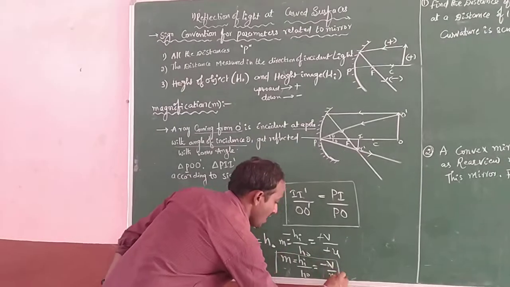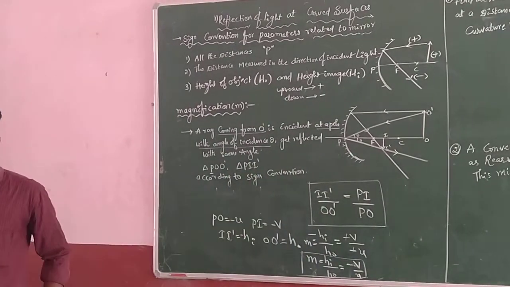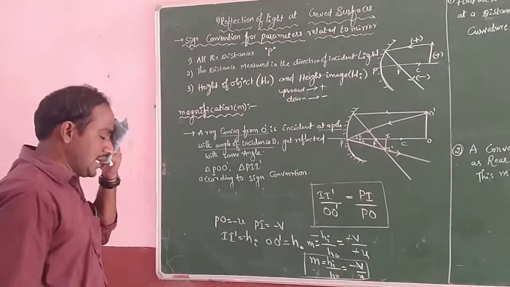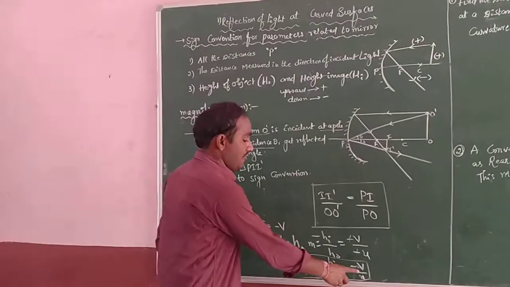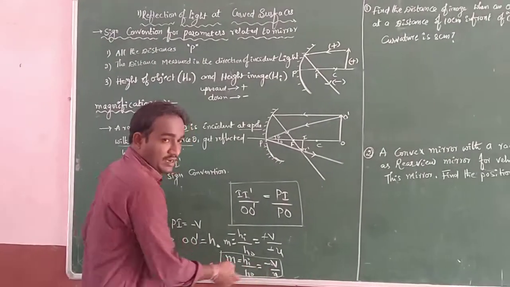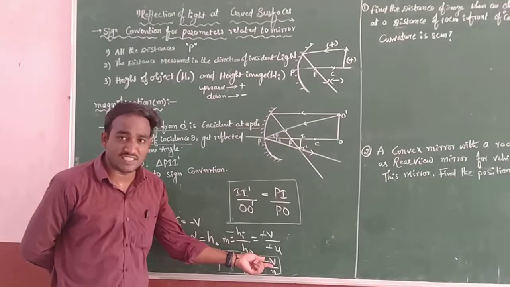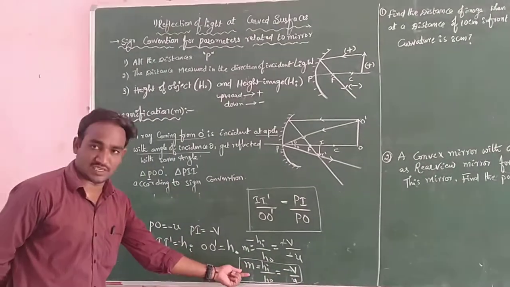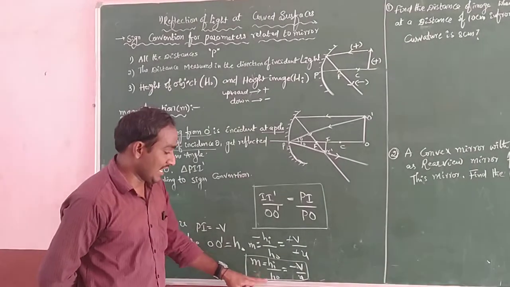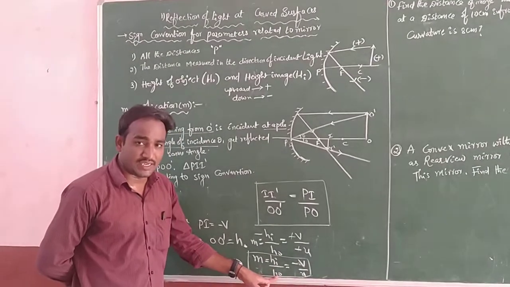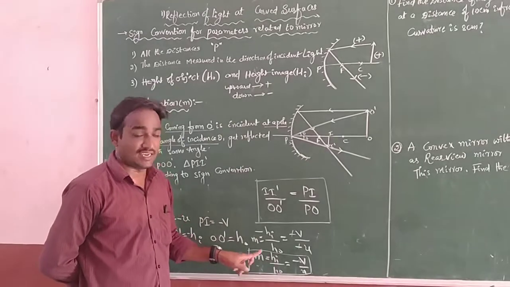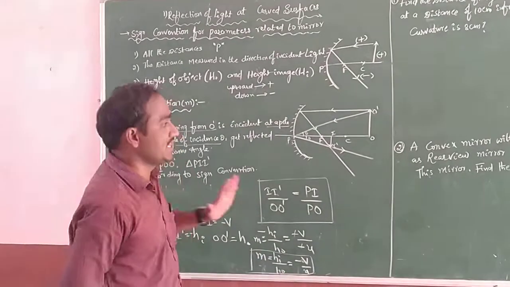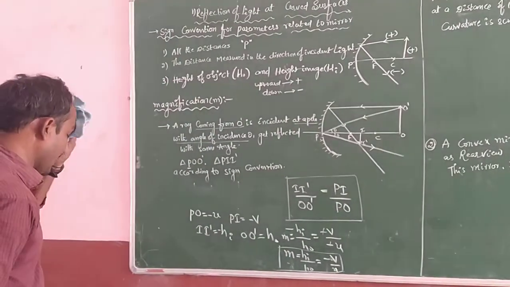So according to the formula, magnification is the ratio of image distance and object distance, and it is also the ratio of image height and object height. So that is the topic of magnification.